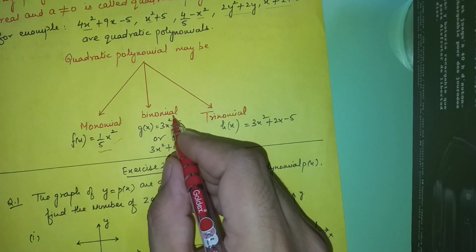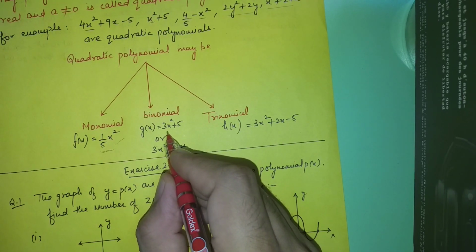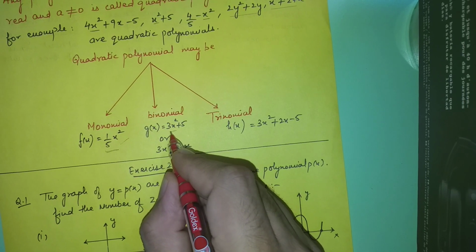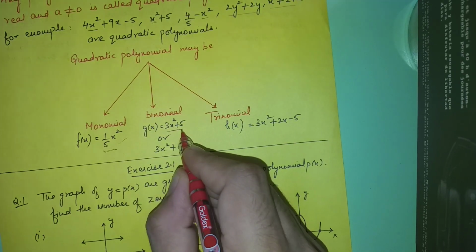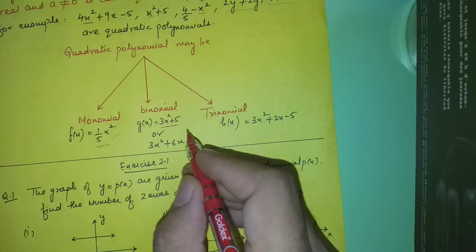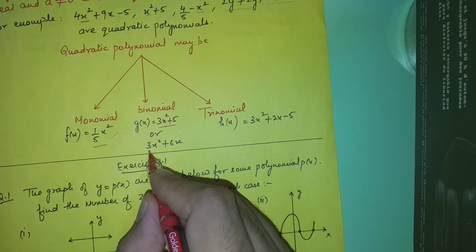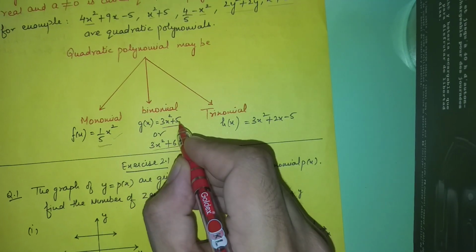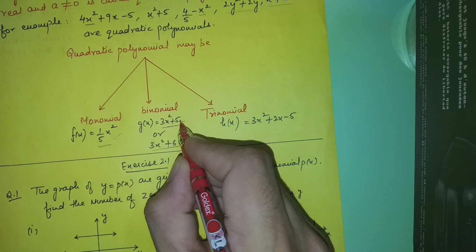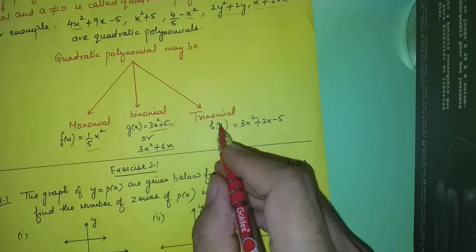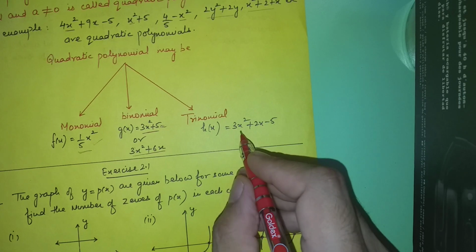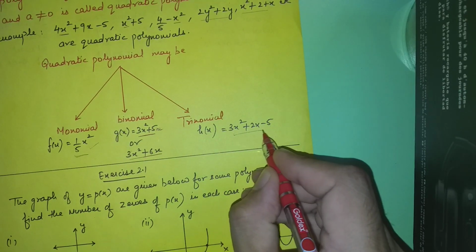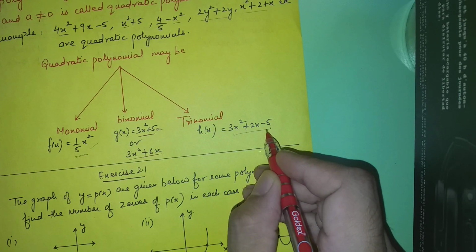In a binomial, we have two unlike terms. 3x square plus 5 is an example of a binomial, or 3x square plus 6x. And in a trinomial, there are three terms: 3x square plus 2x minus 5.